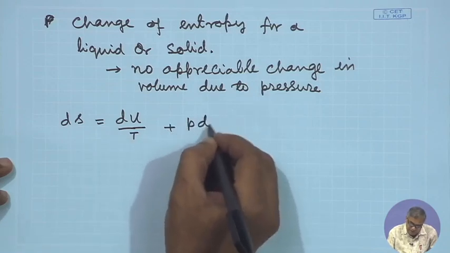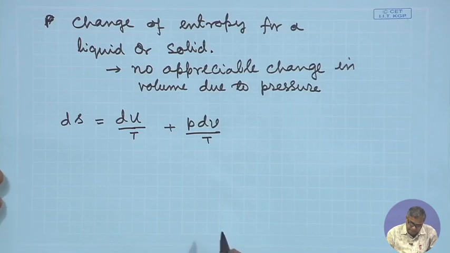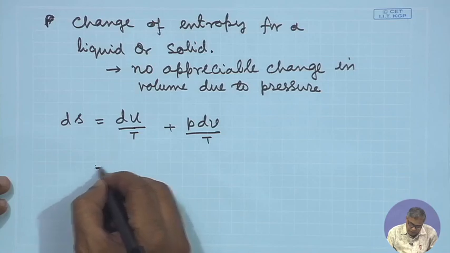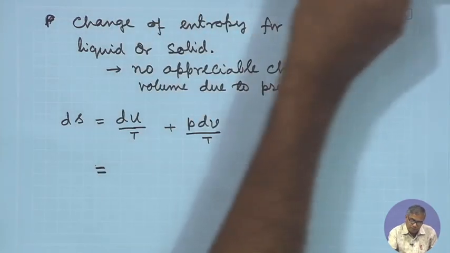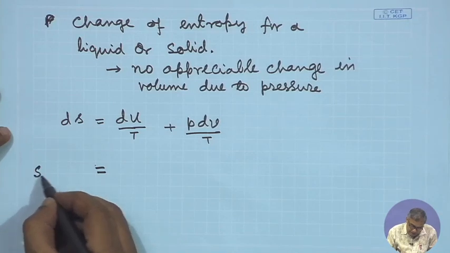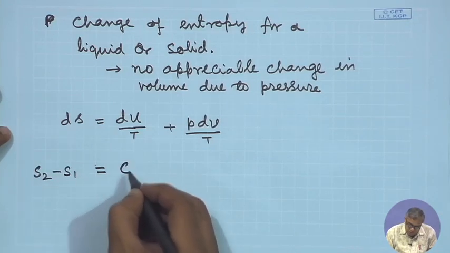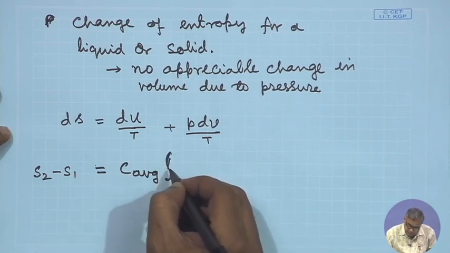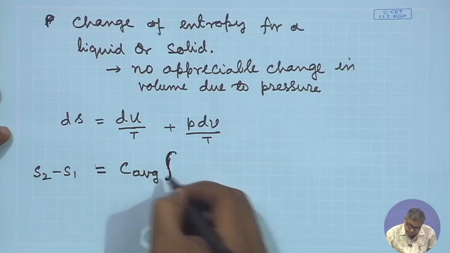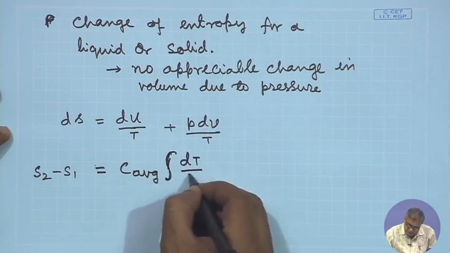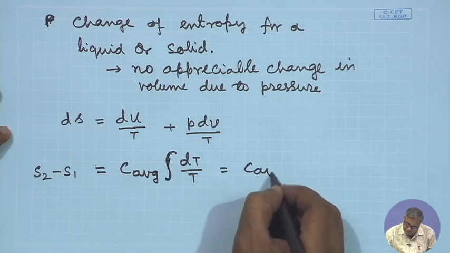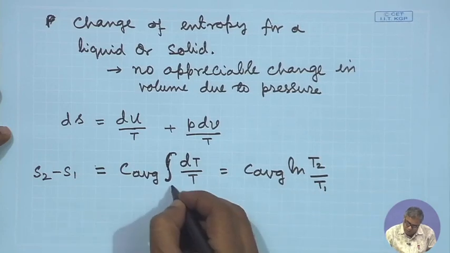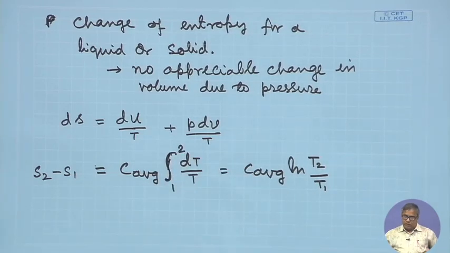And for this condition one can have S2 minus S1 is equal to C average dT by T, that is equal to C average ln T2 by T1, integrated from 1 to 2.